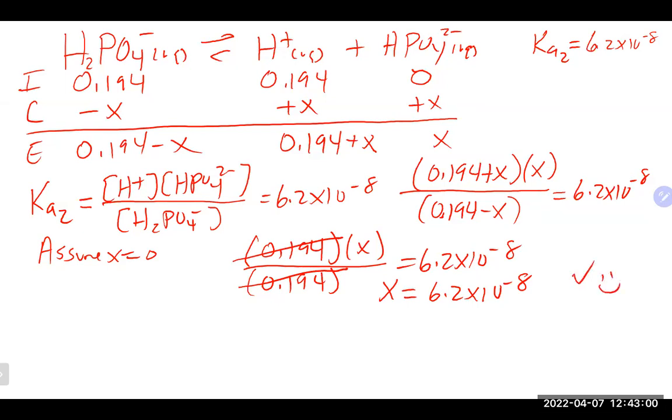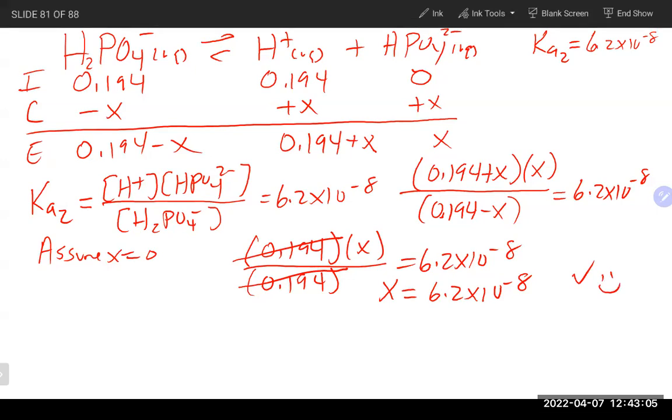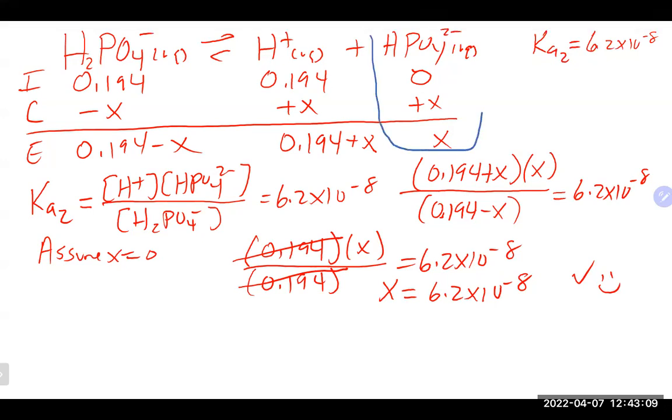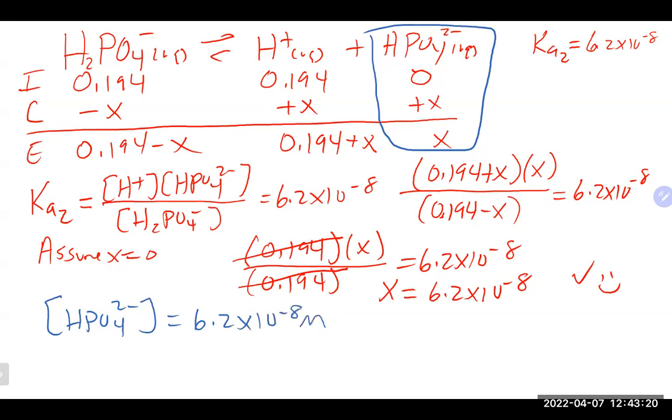So from the second table, we are able to see that the concentration of one of the things we're looking for, which is this guy right here, would be 6.2 times 10 to the minus 8 molar. Now, what happens to my H plus concentration at this point?